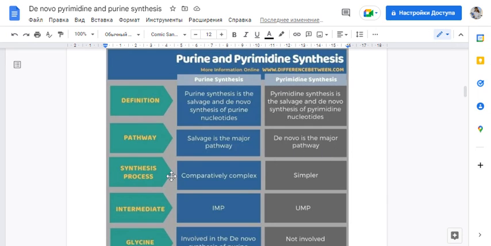The synthesis process is comparatively complex for purines. We do not have to memorize all of its steps for pyrimidines, and it's much simpler. It looks bigger because we have to memorize all of the steps. It's relatively smaller. That's why it's high yield to know all of the steps.